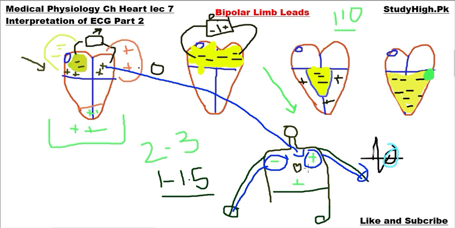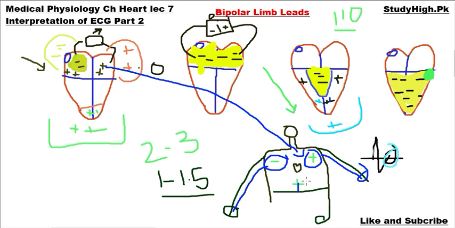And because this region of the heart, the apex, is in most cases in positive potential, the fluid surrounding the heart here will also carry a positive potential, because this region at a specific time is positive.